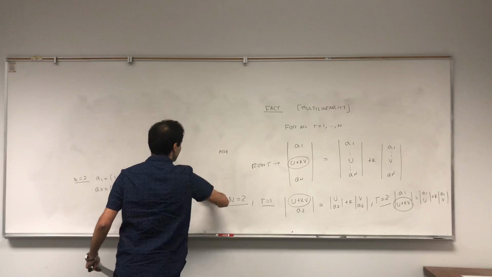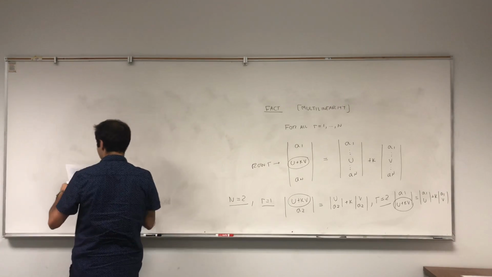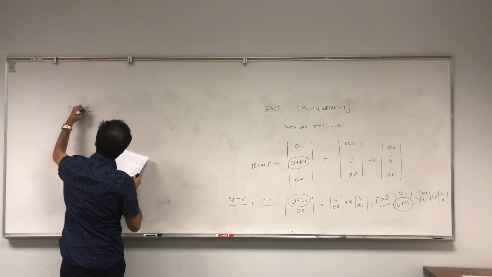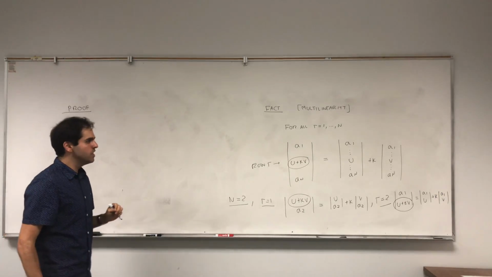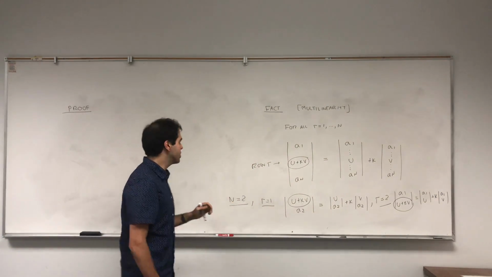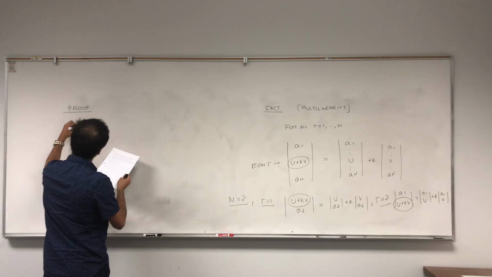Alright, so let me show this. Why? Proof. First of all, and you'll see why this is convenient, the case r equals 1 we can just do directly. So check r equals 1.